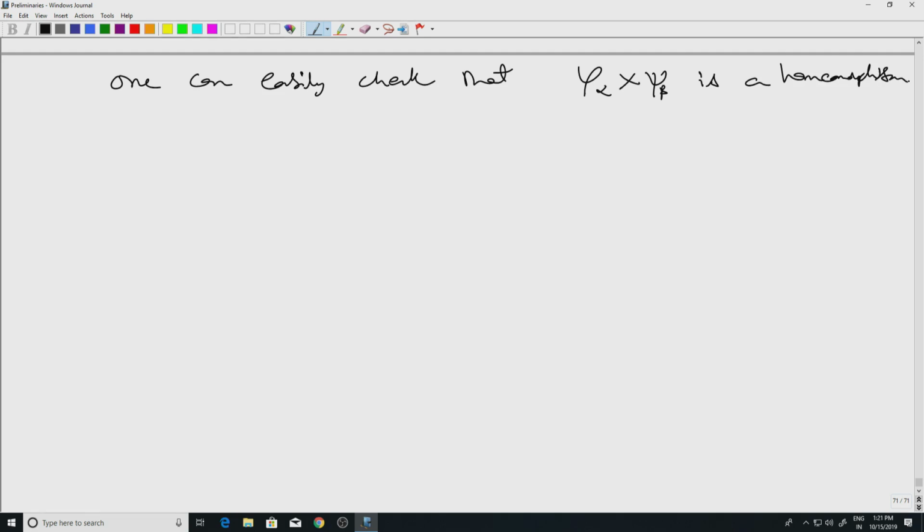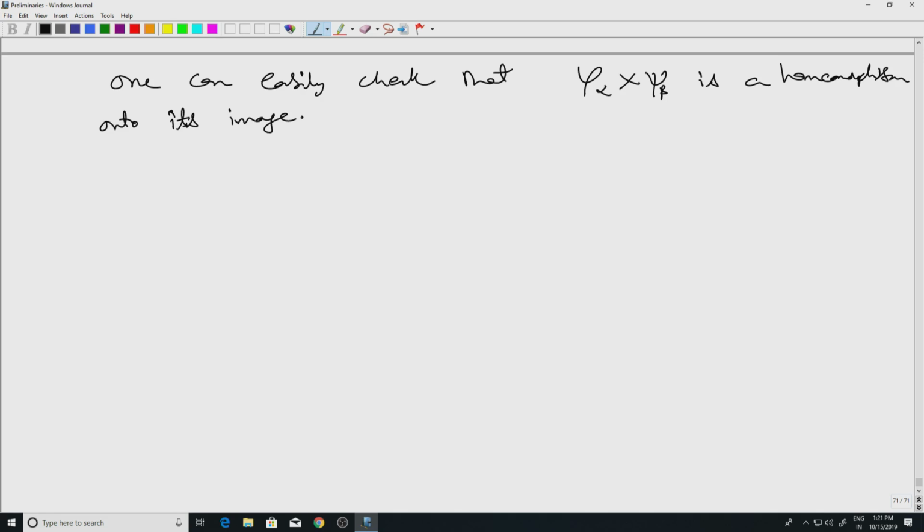Moreover, one can easily check that phi alpha cross psi beta is a homeomorphism onto its image. So it's a continuous map and its inverse is continuous.